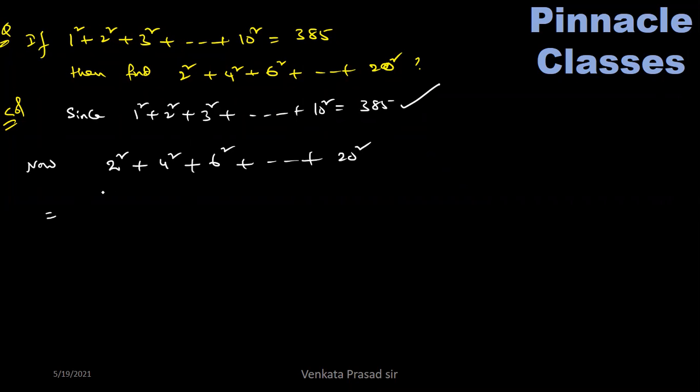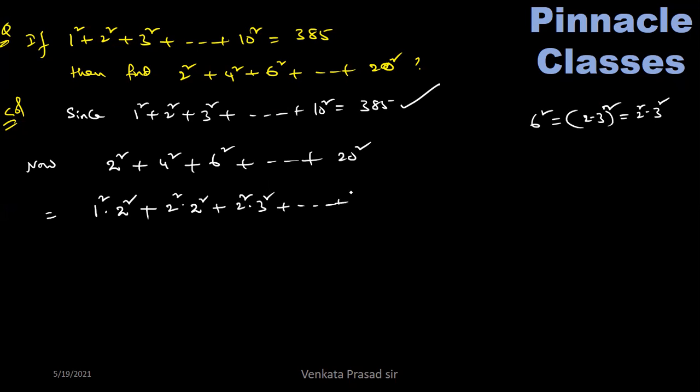So dear students, see, 2^2 means 1^2 into 2^2. 4^2 means 2^2 into 2^2. 6^2 is 2^2 into 3^2. Continue this process. 20^2 means (10 into 2) whole square, same procedure.